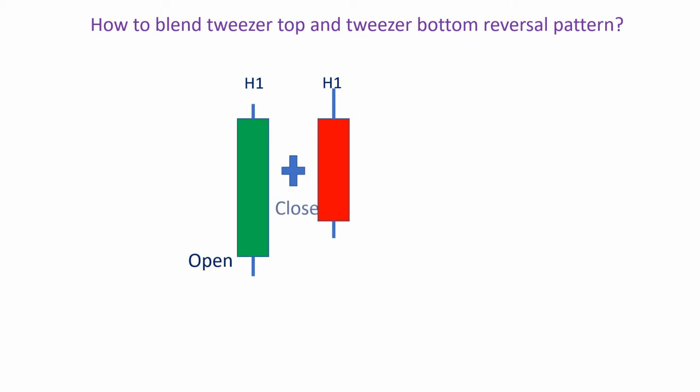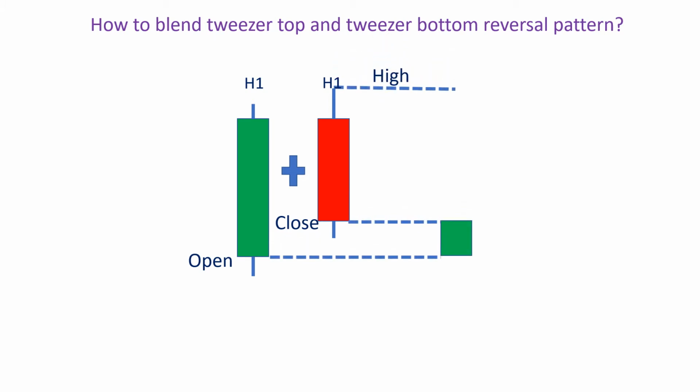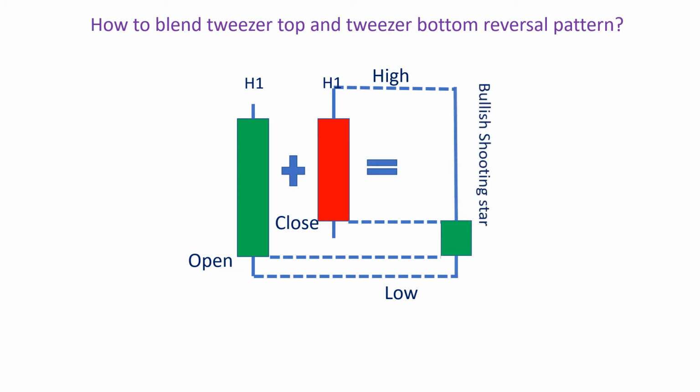We take the open of the first candle, we take the close of the second candle, we take the portion between open and close, and then we take the high and the low of the pattern, and the outcome is going to be a bullish shooting star with H2 time frame, and this is a bearish tweezer top reversal pattern. So you see we blend two patterns and the outcome was nothing but a hammer or inverted hammer.